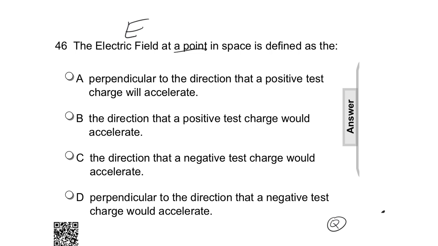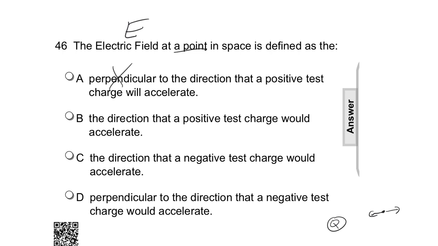Okay, so it's either going to accelerate towards the center or away from the center. It's not perpendicular. It's on the path directly to or directly away from the field charge. So it can't be perpendicular.